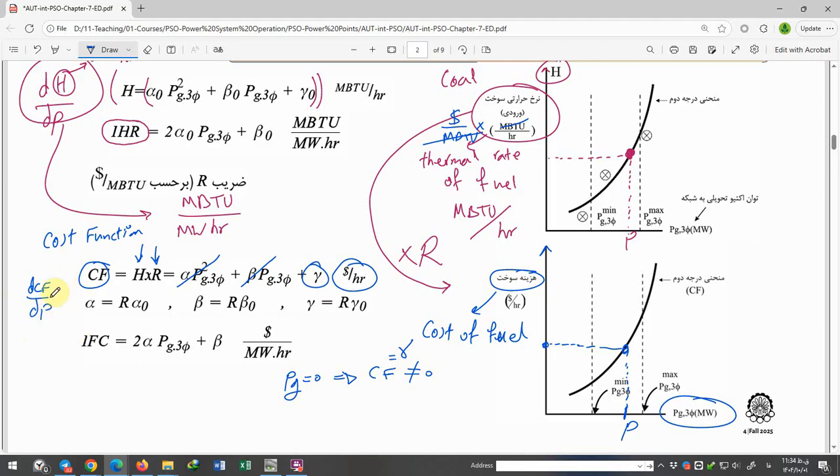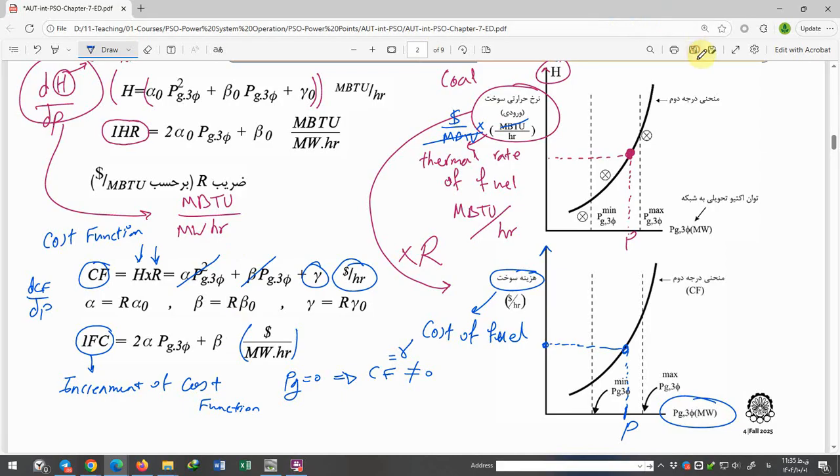The derivative of cost function with respect to P is the incremental cost function, alpha P plus beta. The dimension is dollar per megawatt hour.